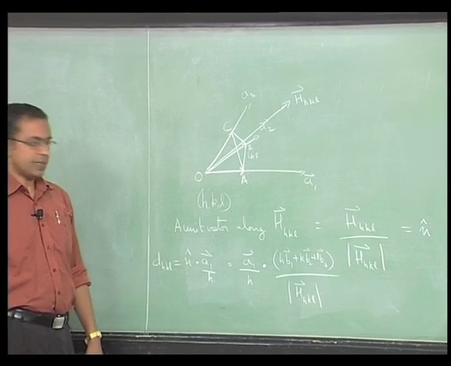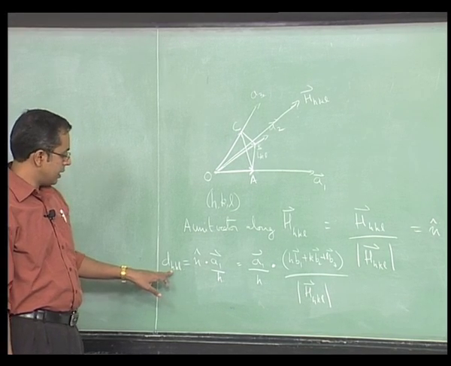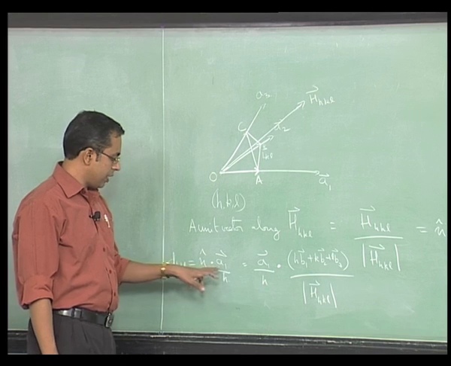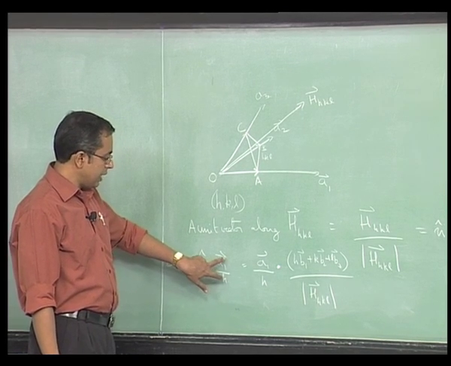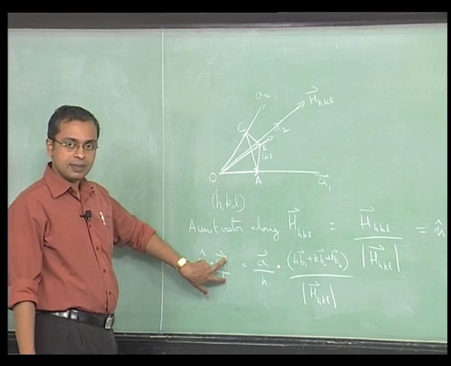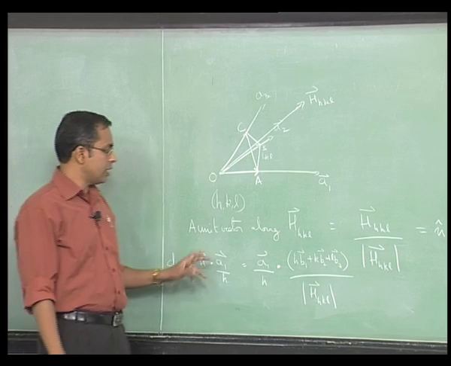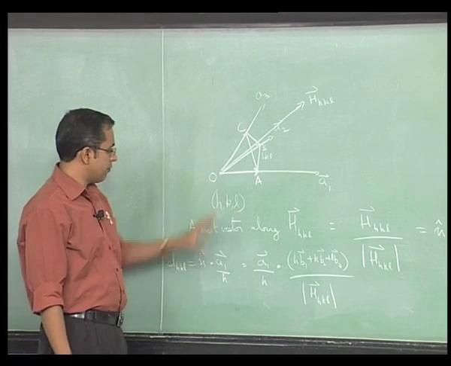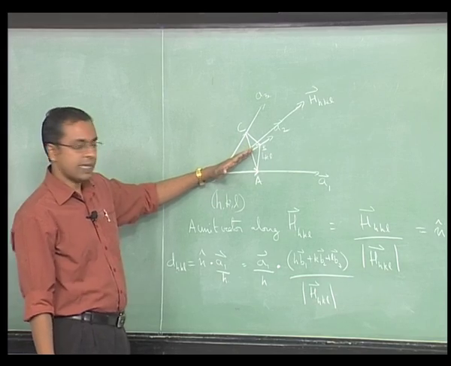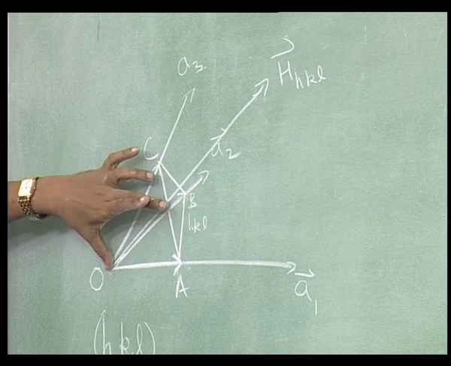So DHKL is now defined this way: the D between those planes is the component of any of those intercepts along the perpendicular to that plane. That perpendicular is going through the origin, so if you take the component of this vector along the direction of that perpendicular, you get the distance in this direction.